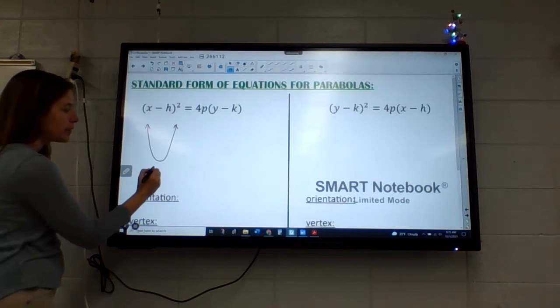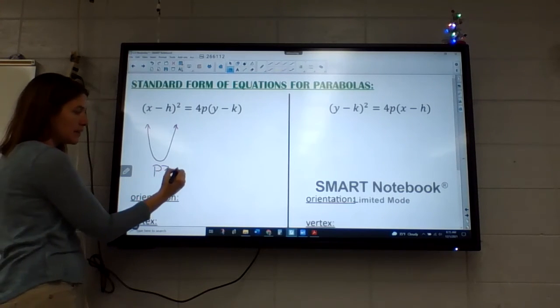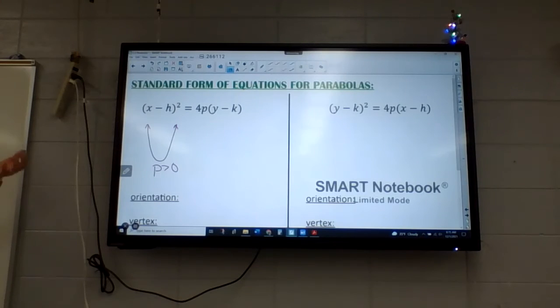Now, when we were in algebra, we talked about an a value being positive. Now they talk about the p value instead. So if p is positive, it points up. If p is negative, it's going to point down.